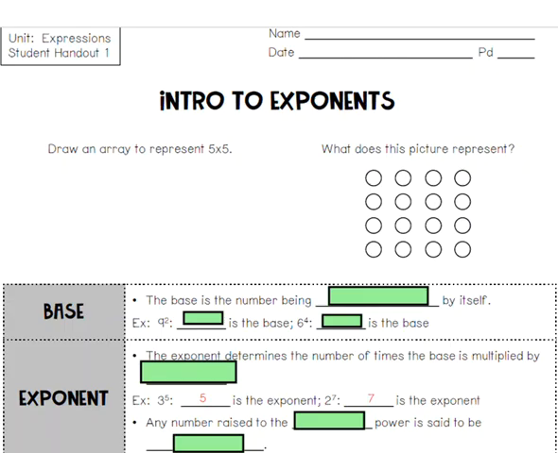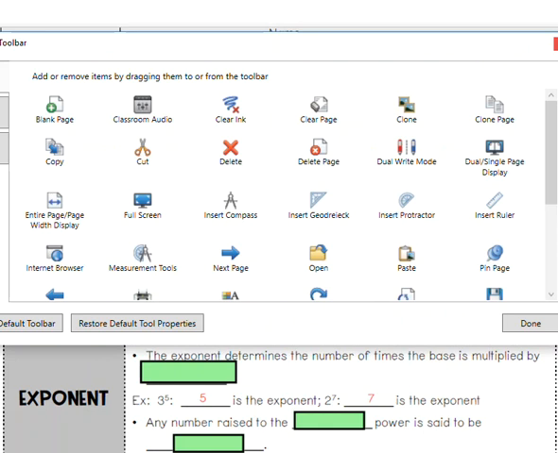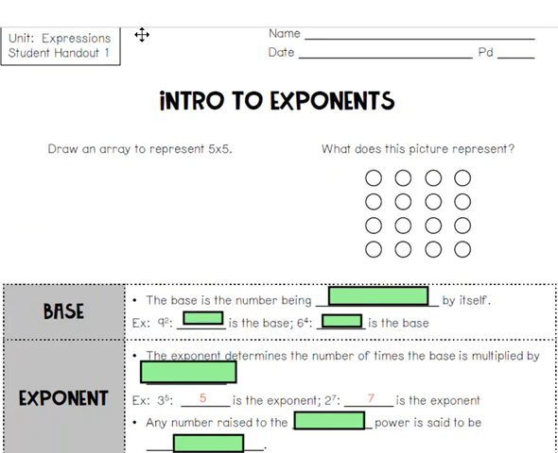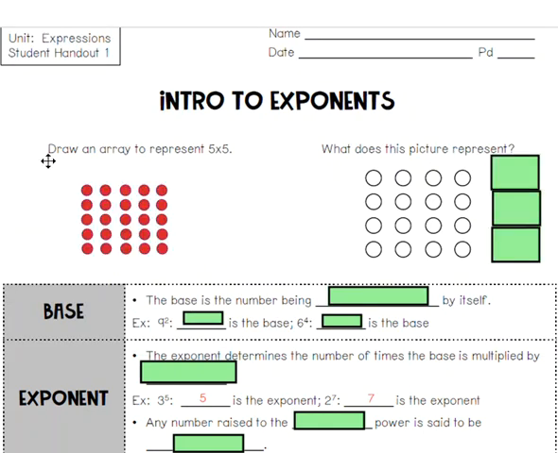All right, if I start with the introduction here, first I want you to draw an array to represent a 5 by 5 grid. So go ahead and draw basically a square that is 5 by 5. You can see here an example of what that looks like, just 5 columns and 5 rows. So you should draw a 5 by 5 square.